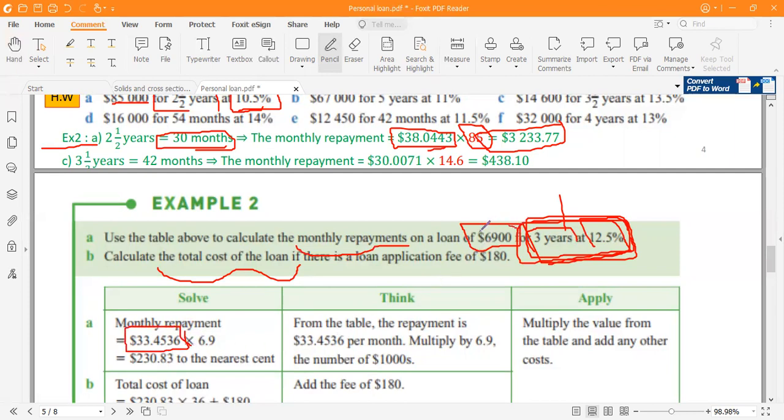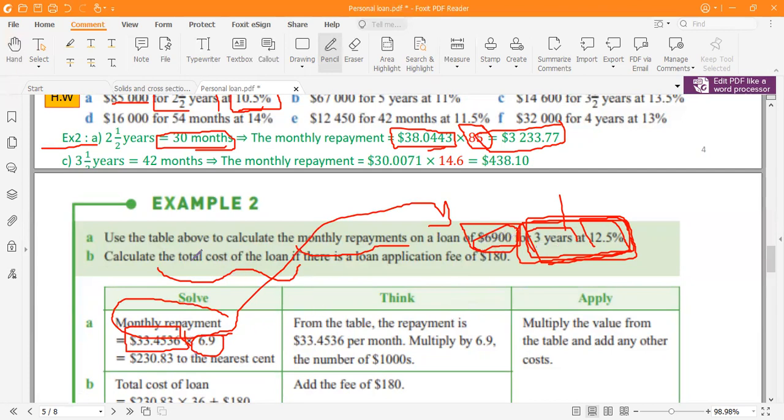But we multiply it by 6,900 over 1,000, so by 6.9 as a coefficient, to obtain the monthly repayment for our loan of $6,900.